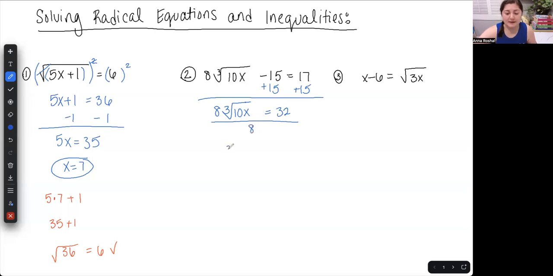Divide both sides by 8, be left with the third root of 10x is 4. Then, because I'm looking at the cube root of this radical, instead of squaring this, I'm going to cube this. So I'm going to end up with 10x is 64. Divide both sides by 10, x is 6.4.